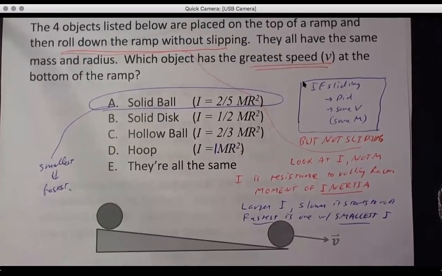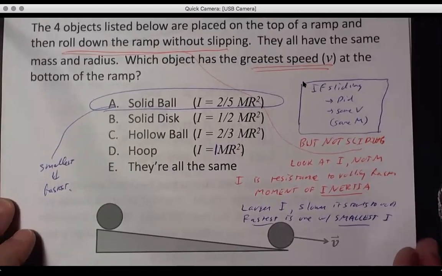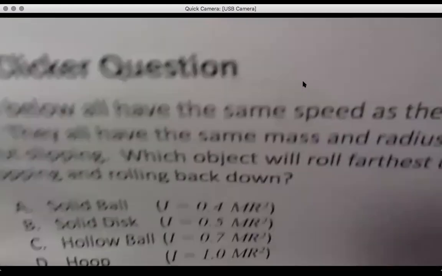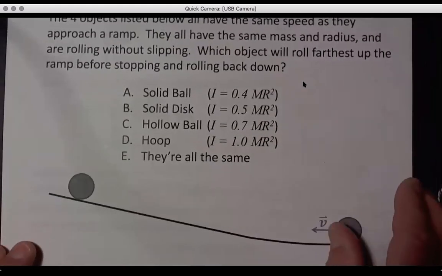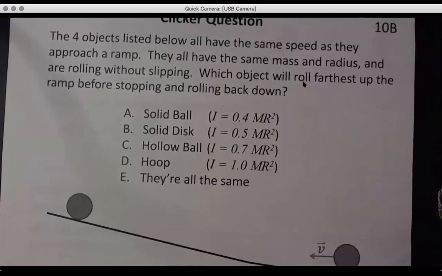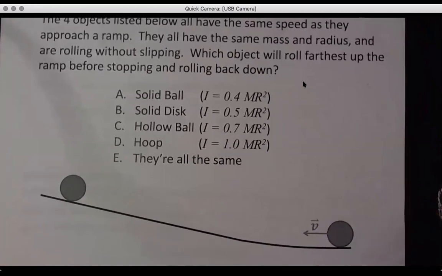Okay. Now, same problem, except it's run in reverse.